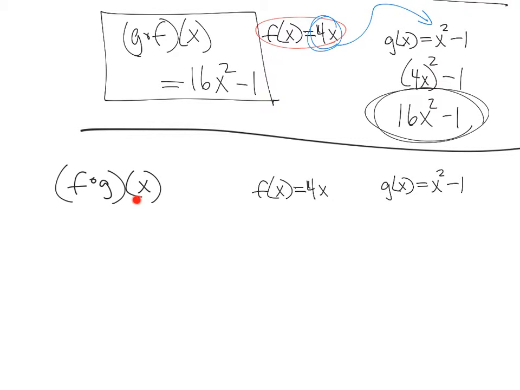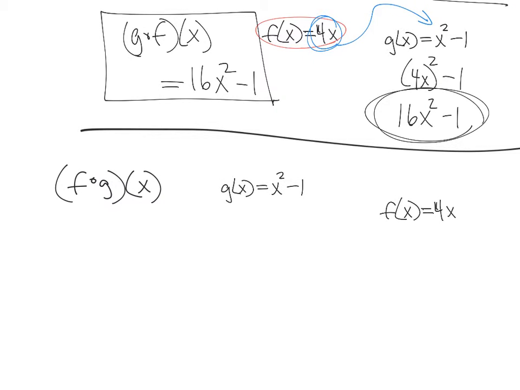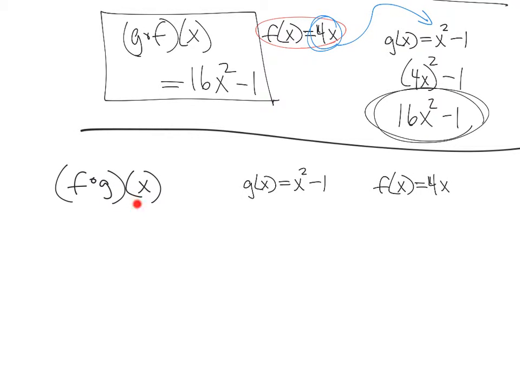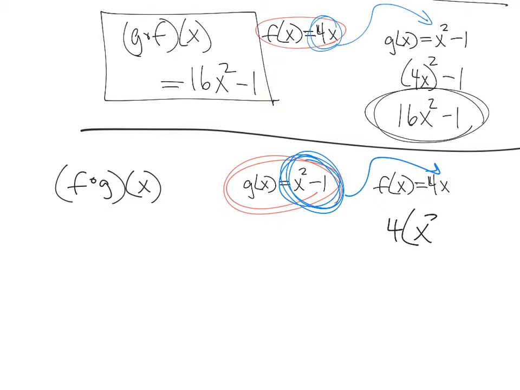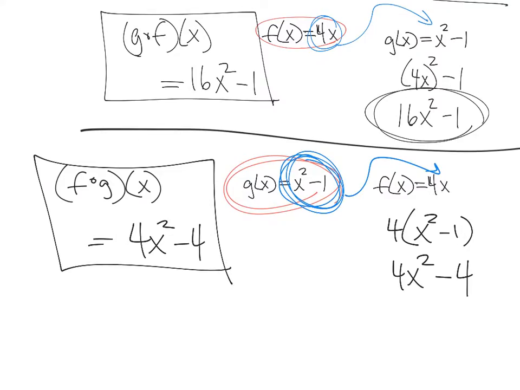So that says take your x, stick it in f. So really we need these the other way around. Take your x, put it in g, and you get the function itself. And then it says, now take that and stick it into f. So you're going to take this part right here and stick it into f. So you're going to get 4 times x squared minus 1, which is 4x squared minus 4. And that is your answer for that one.